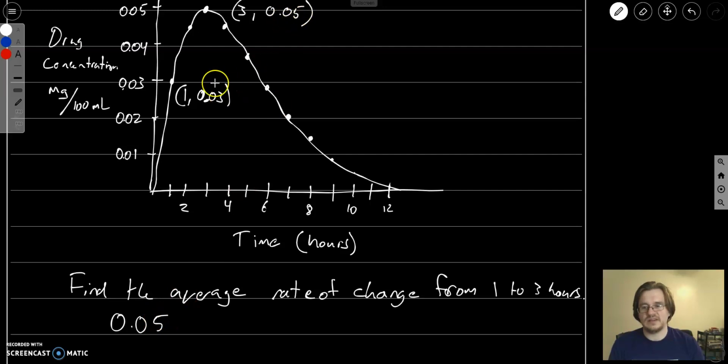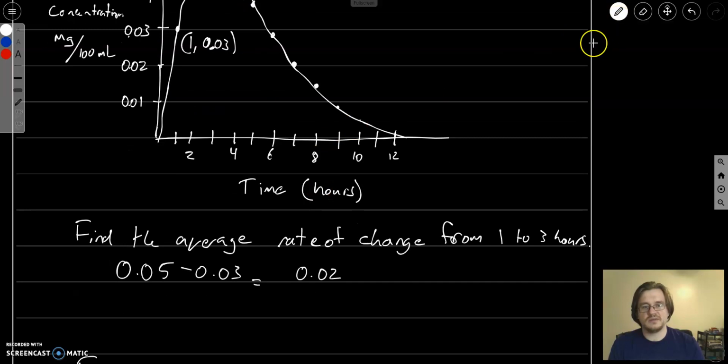We have climbed 0.02 milligrams per milliliter, but we also rose from 1 to 3, so it took 2 hours for this to happen. So this will be 0.01.